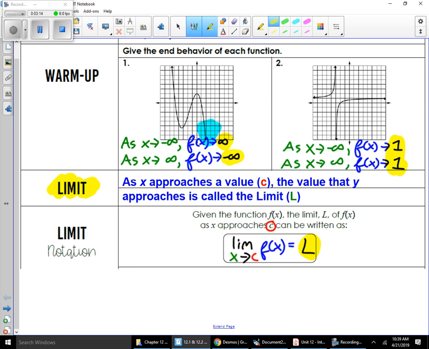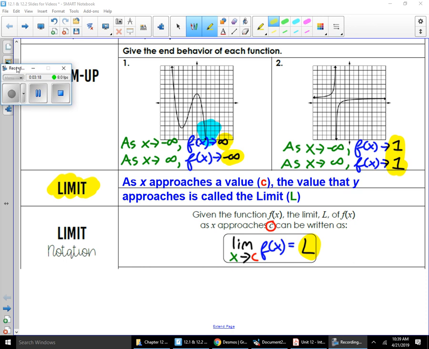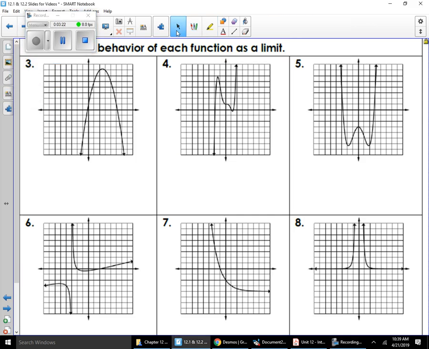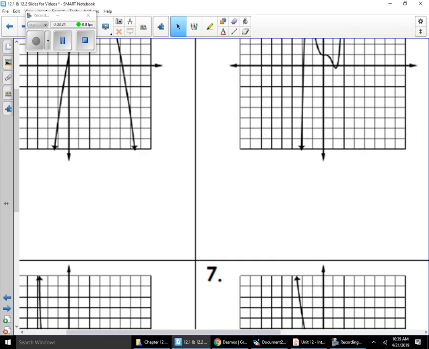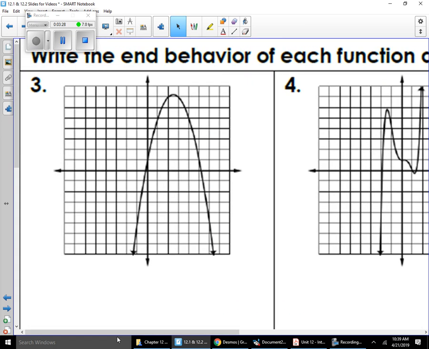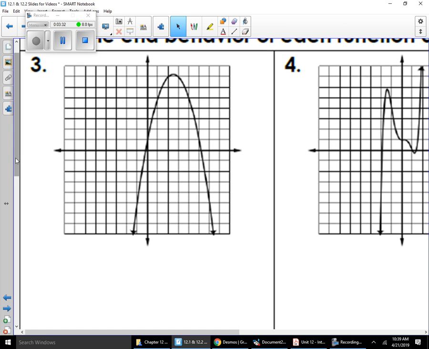So let's look at a few more end behavior examples before we dive into finding limits without pretty pictures. And we'll just alternate left, right, because there's not a whole lot of space for writing here. So we'll start by looking at a left end behavior. What's going on to this function on the left-hand side?